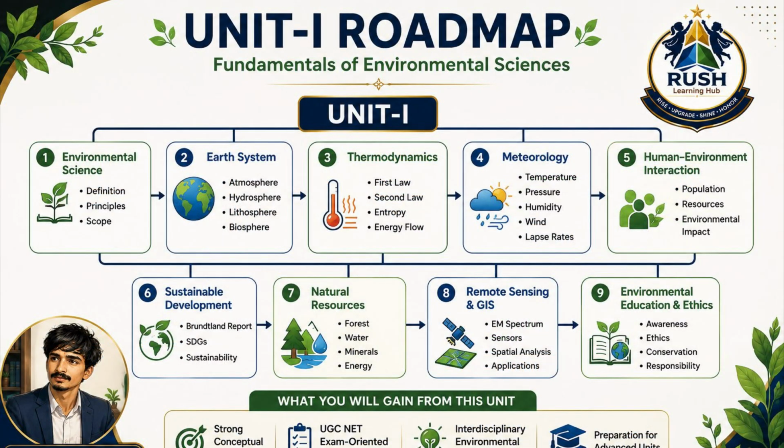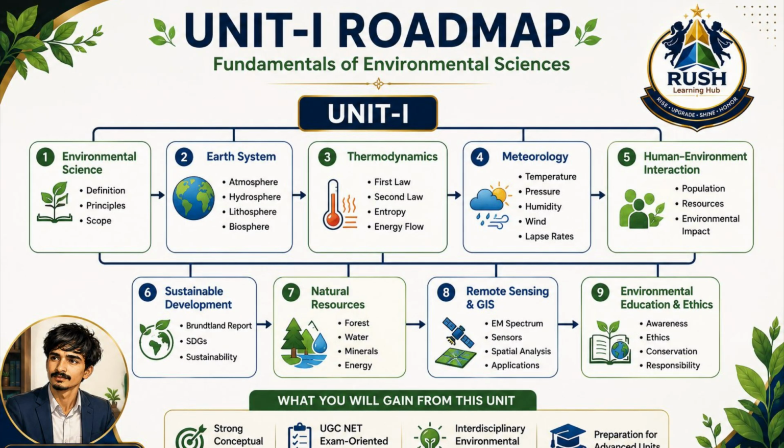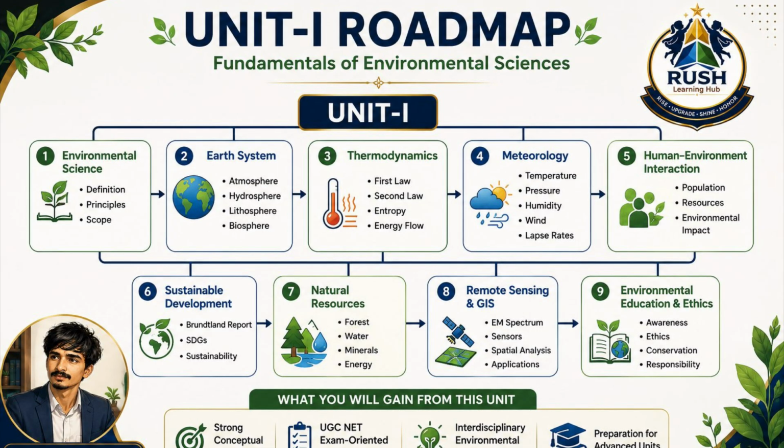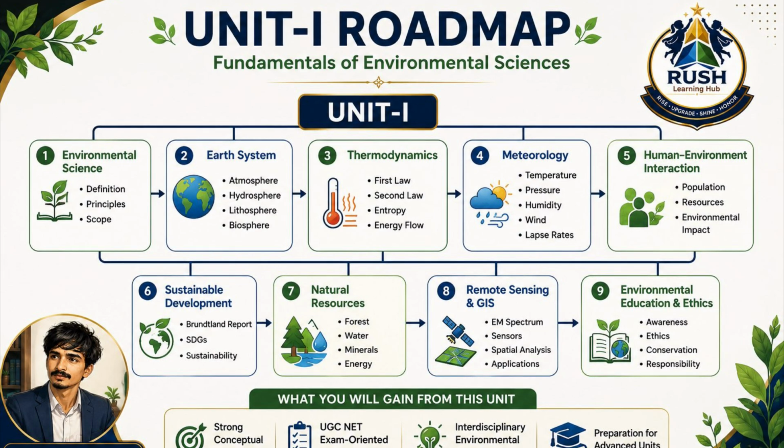Now that we have seen the introduction, let's understand the complete roadmap of Unit I, Fundamentals of Environmental Sciences. Before diving into individual topics, it is important to understand how this entire unit is structured. Environmental science is an interdisciplinary subject, meaning all the concepts we study are interconnected rather than isolated.